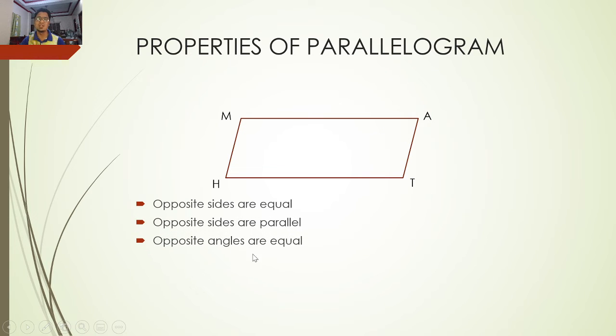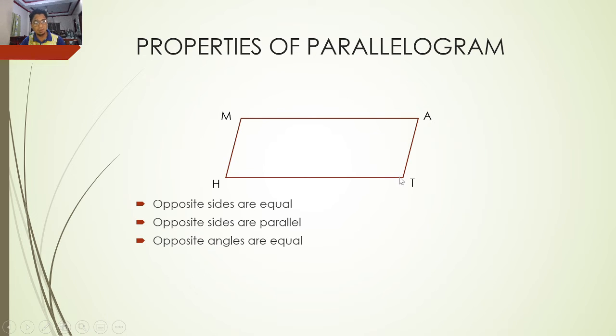Now, what about the third one? Opposite angles are equal. So, dito sa ating quadrilateral, may angles po tayo. Angle M, angle A, angle T, and angle H. Ang sabi, opposite angles are equal. Ano ang sabi ni Sir kanina? Pag nabasa natin yung salitang opposite, ang ibig sabihin, katapat. So, halimbawa, angle H, ano yung katapat niya?